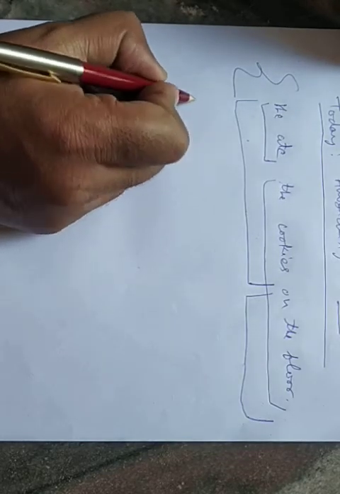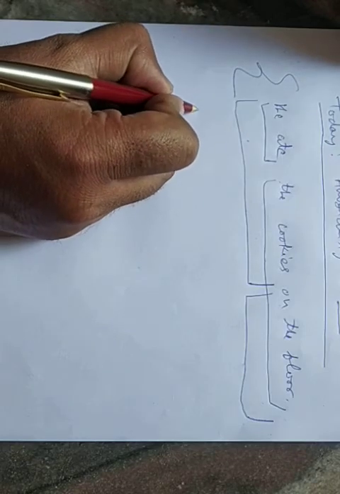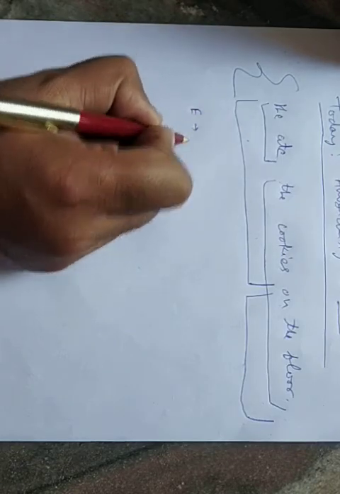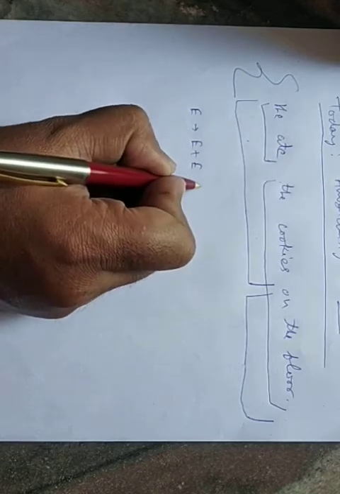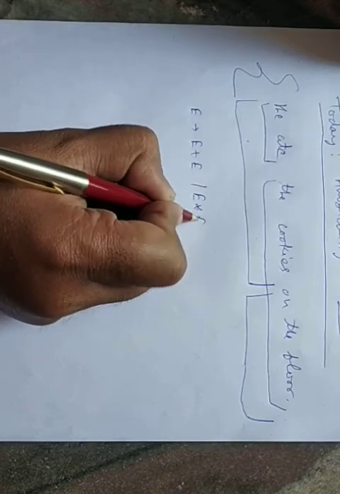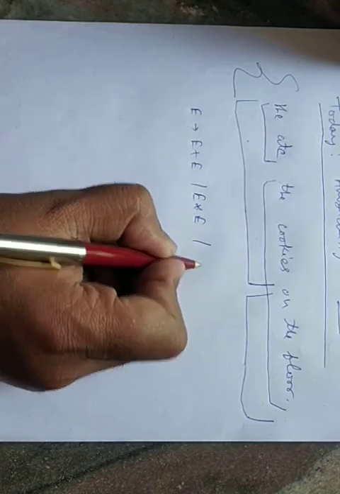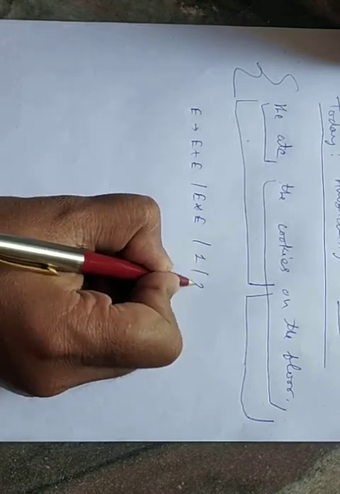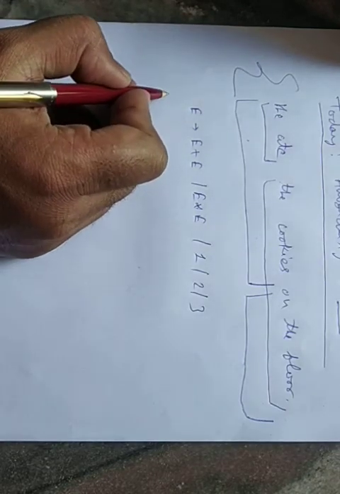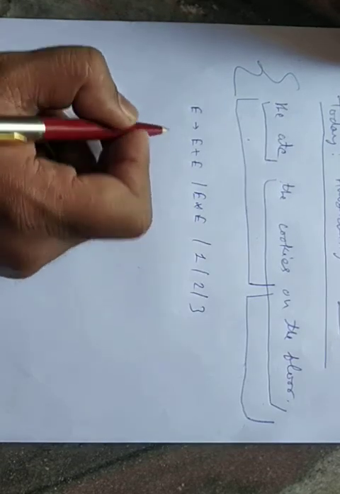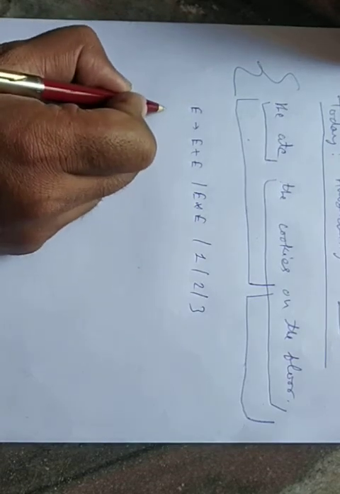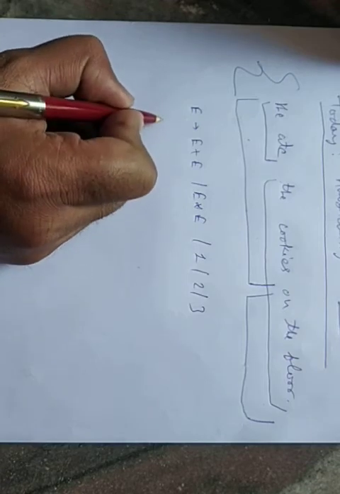So I'm taking one example. Suppose I have the grammar E produces E plus E, E star E, 1, 2, 3. Now, I want to prove that this grammar is ambiguous. For that, what I need to do is first take a certain string.